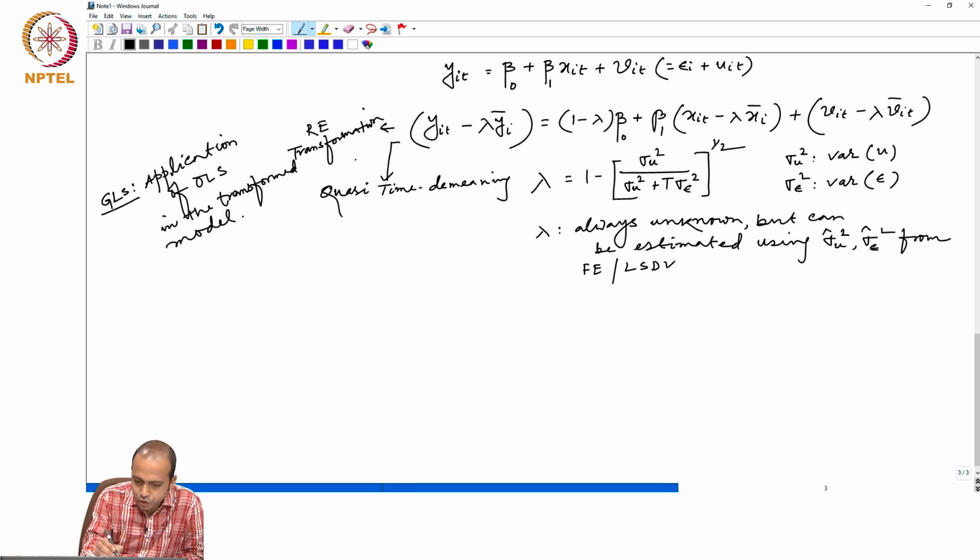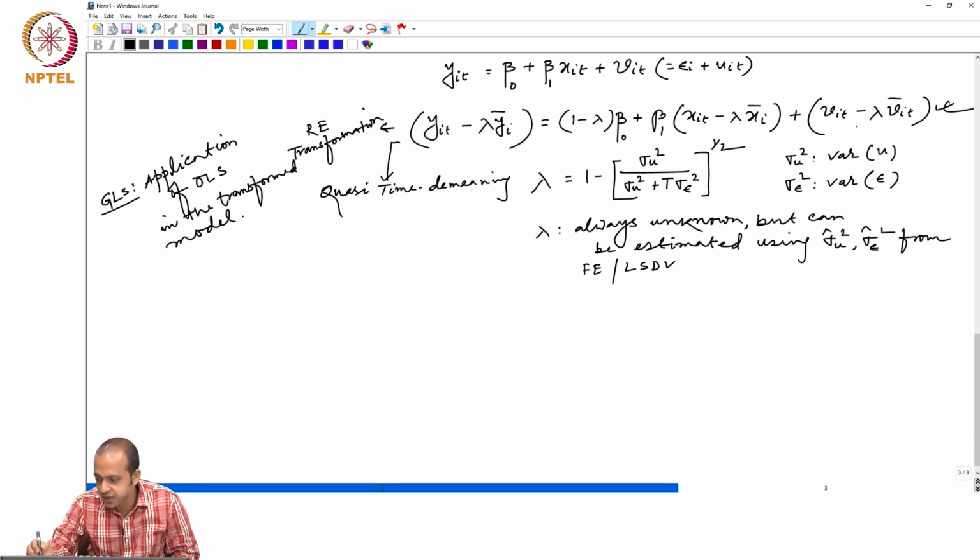And the transformed model is basically this model, which is the quasi time demeaned model, because this vit minus lambda vi bar is free from the autocorrelation problem.